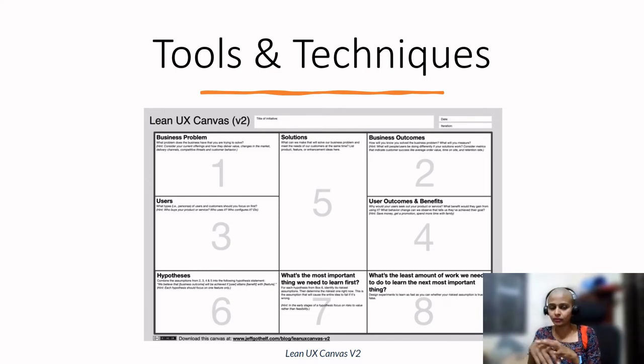So you have to think from the user's perception. Then user outcomes and benefits: if I'm implementing this feature or this user story, what would be the benefits or outcomes that my users are going to get? That is also one point you have to ensure.